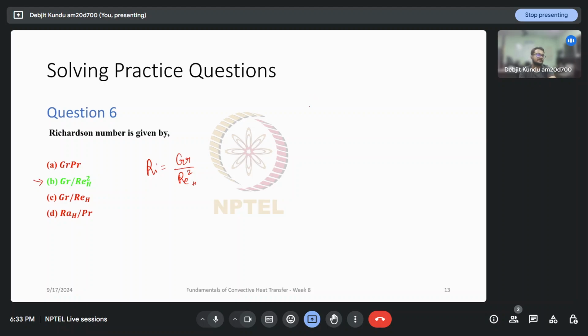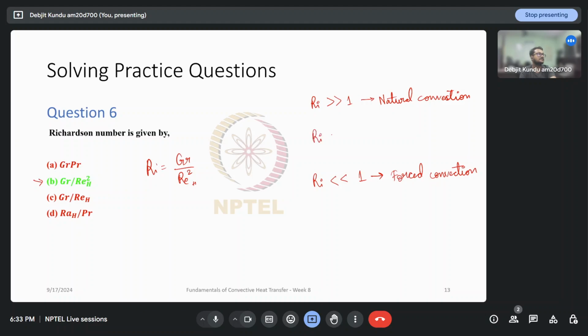Since this represents the importance of the buoyancy term, if the Richardson number is much, much greater than 1, we can say that the heat transfer is entirely through natural convection. If the Richardson number is much, much less than 1, we can say conclusively that there is no natural convection mode of heat transfer at all, and it's entirely forced convection.